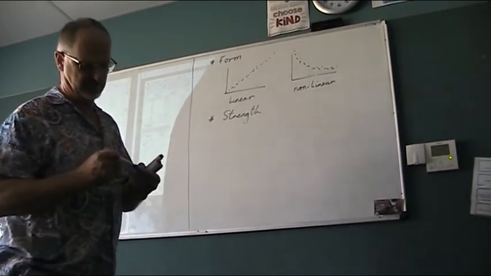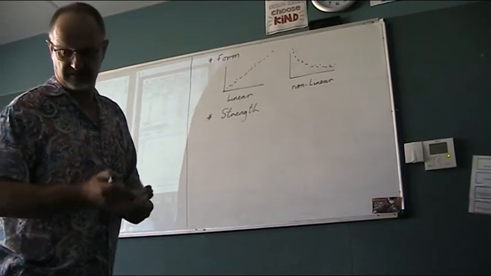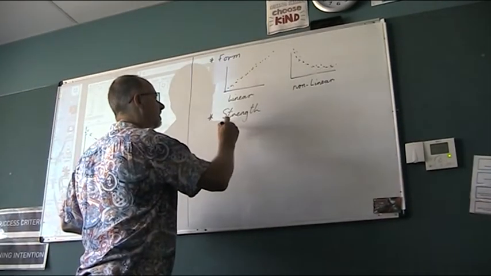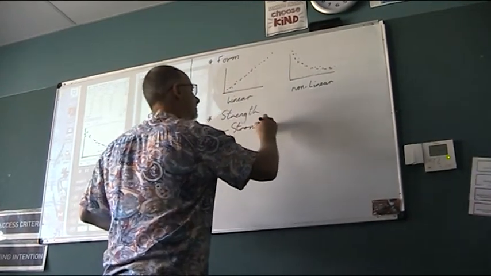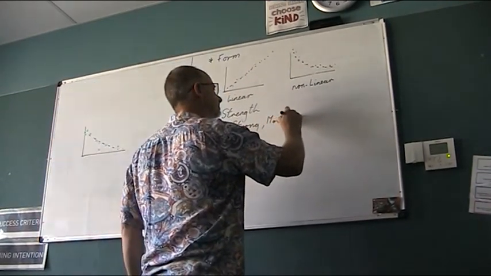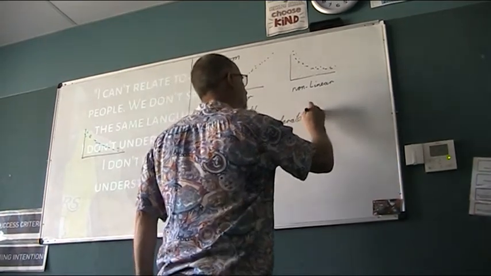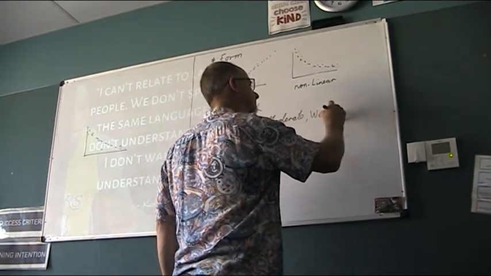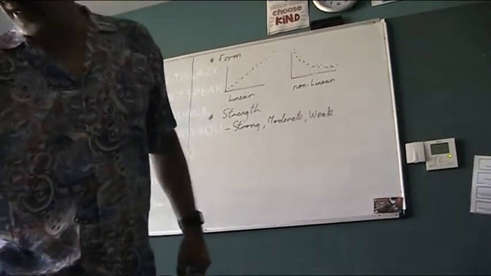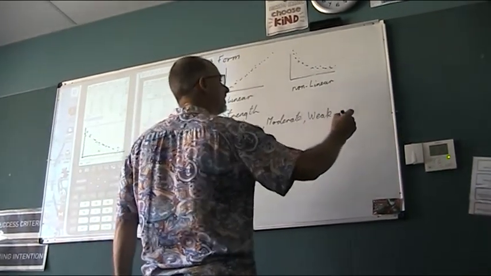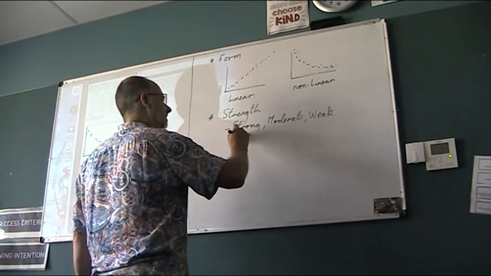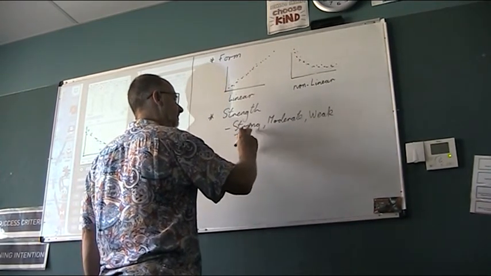Now, we can use terms like strong, moderate, weak. And the problem with those kind of terms is that they are subjective.